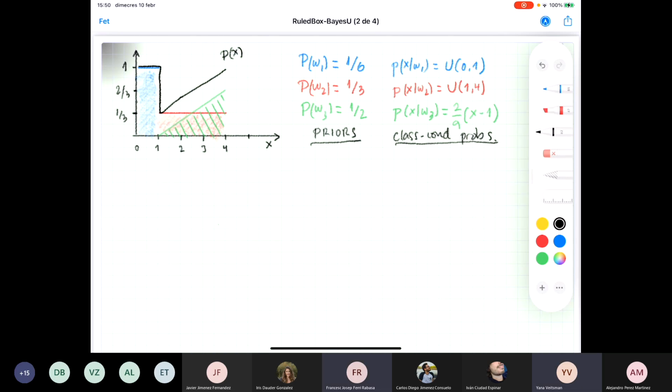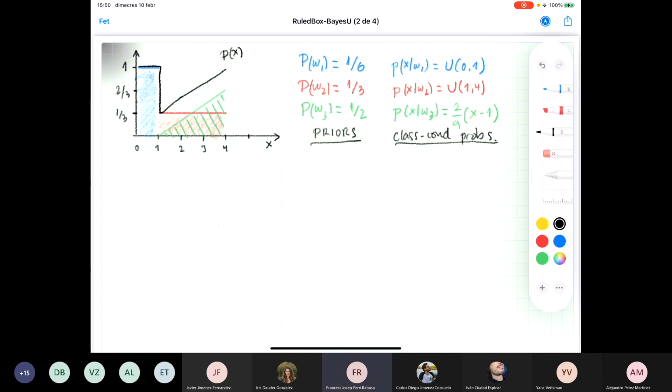Could you please explain again? Yes. The blue line, which is the uniform line between 0 and 1, is the class conditional probability of class 1. The red is class 2, and the green is class 3. P(x), the unconditional probability, is the sum of the three.